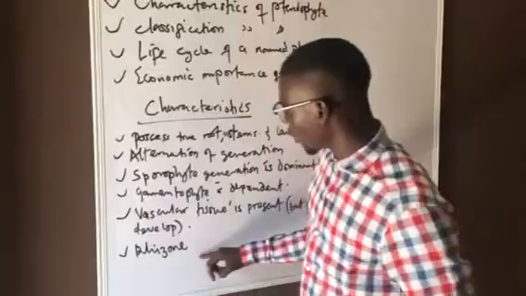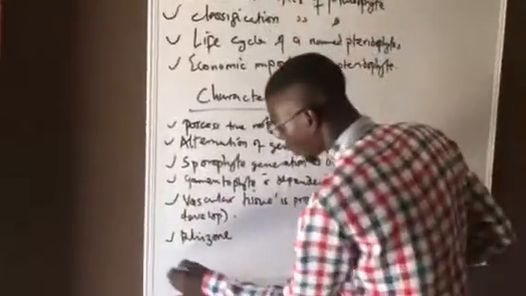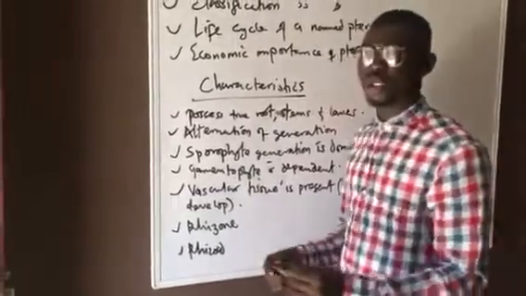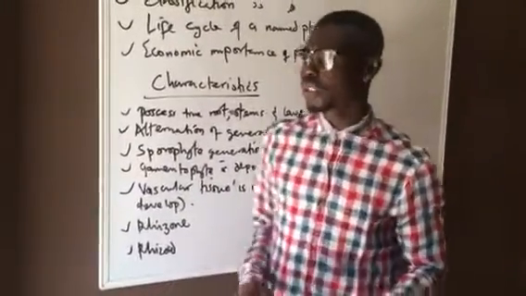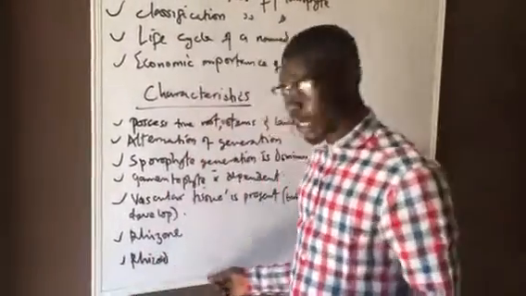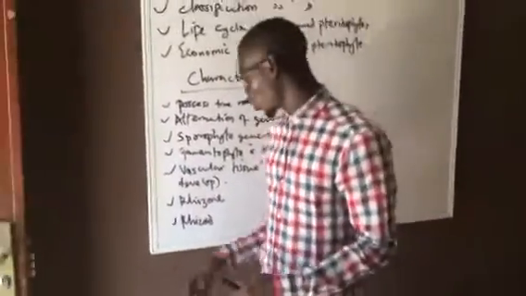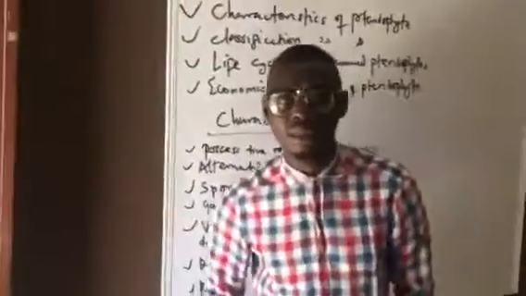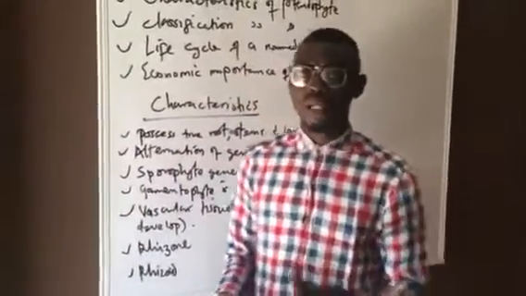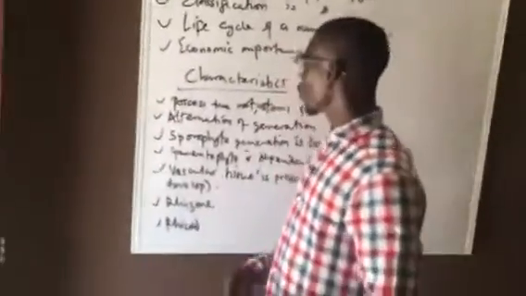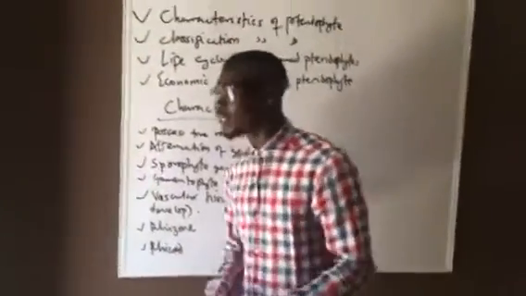They also possess rhizoids. These rhizoids are for attachment to the soil, and they act like the roots in some. They help them to absorb water and mineral elements from the soil. That is the function of the rhizoid.